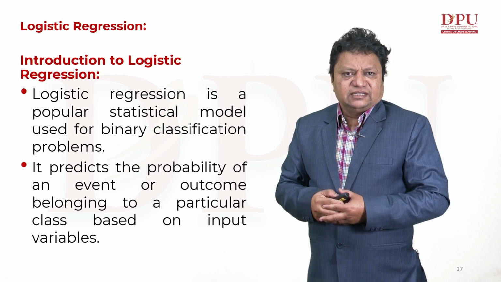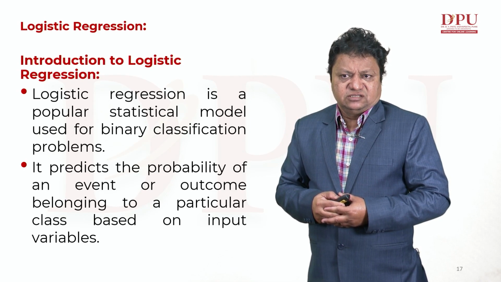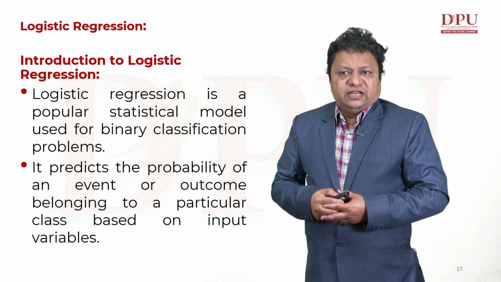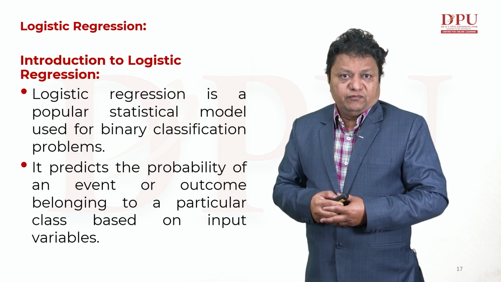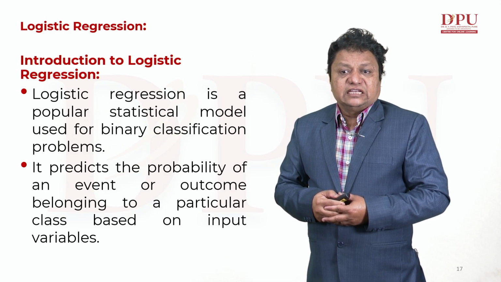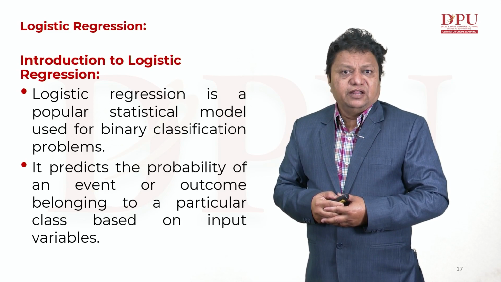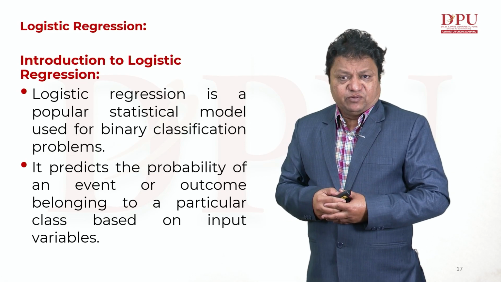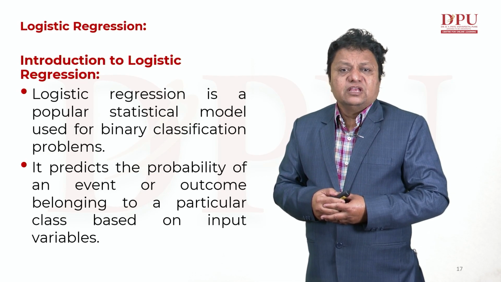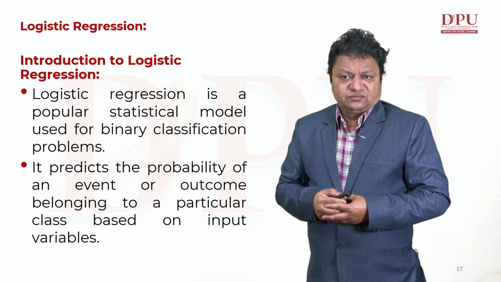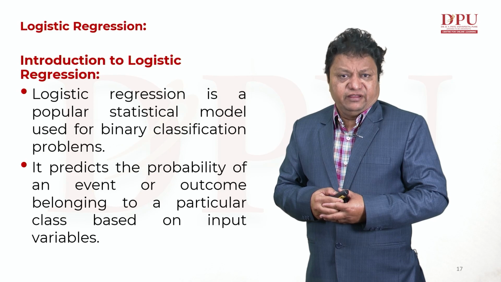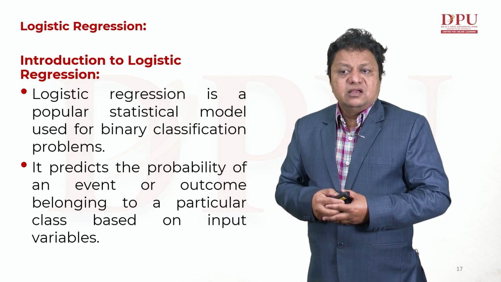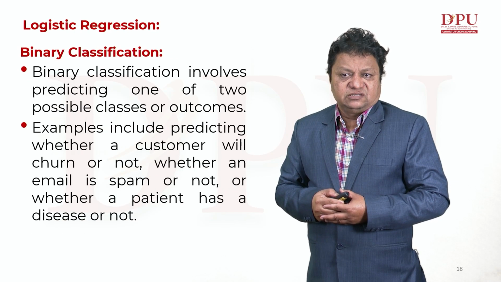Now let us understand logistic regression. Basically logistic regression is a popular statistical model which is used for binary classification problems. If you are dealing with a binary classification problem, then I will go for using logistic regression. It predicts the probability of an event or outcome belonging to a particular class based on the input variables.